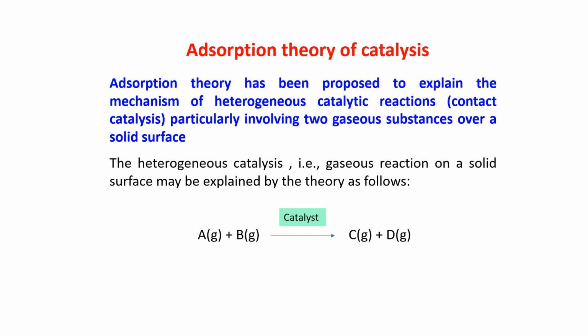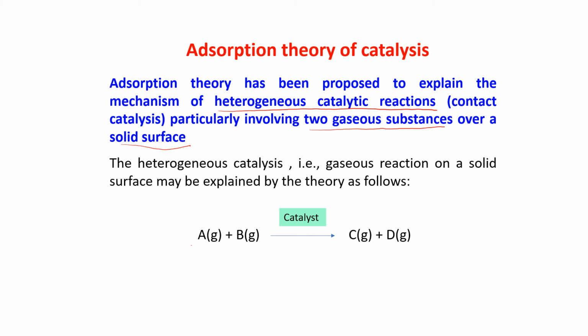Now next is the adsorption theory of catalyst. Adsorption theory has been proposed to explain the mechanism of heterogeneous catalytic reaction, contact catalysis, particularly involving two gaseous substances over a solid surface. The heterogeneous catalysis, that is a gaseous reaction on a solid surface, may be explained by the theory.